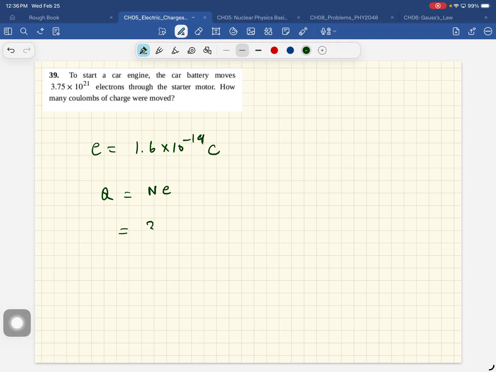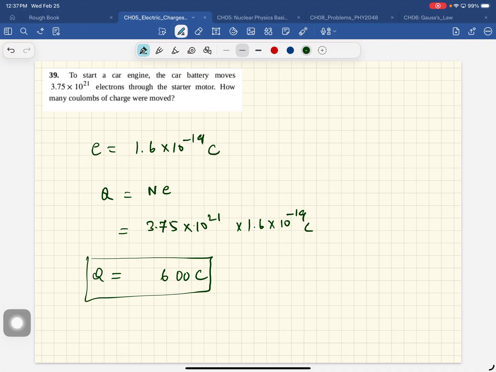So that's about 600 coulombs of charge were moved through your starter motor to get your car started.